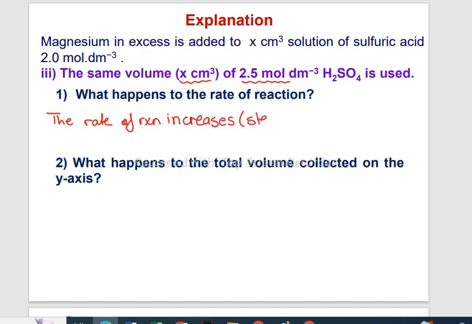So we need to remember that we need a steeper curve. When talking about steeper, it should be closer to the y-axis, since the concentration of the sulfuric acid increases.